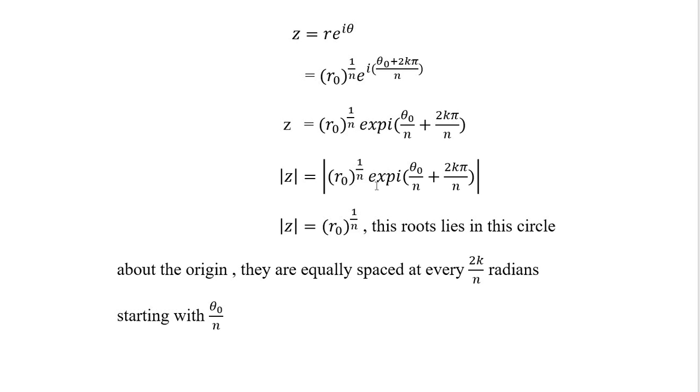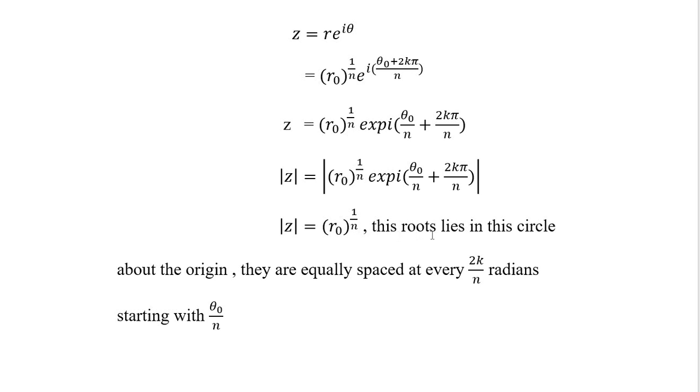We know the modulus of the exponential term is 1. This mod e power i theta equal to 1 because mod means square root of real part square plus imaginary part square, that is cos square theta plus sin square theta, whose value is 1. Therefore mod z equal to r0 whole to the power 1 by n.